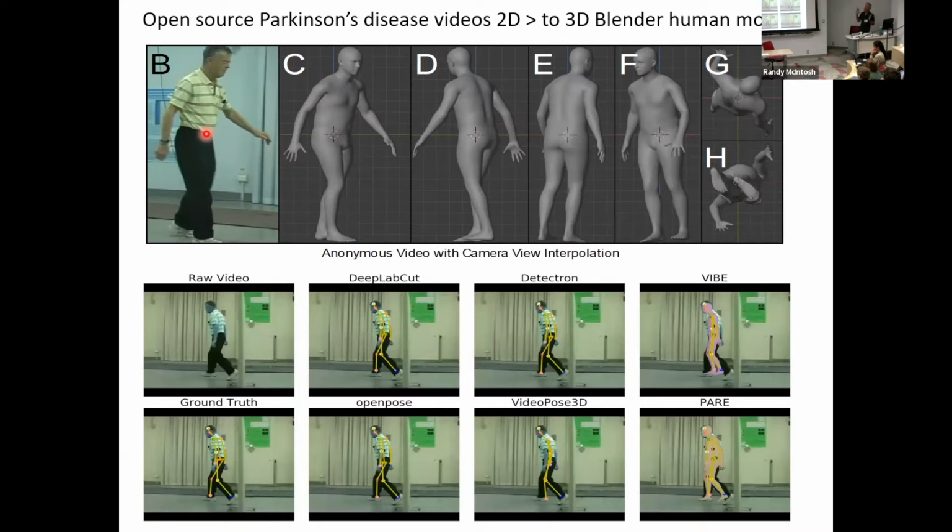I guess that's probably a good thing, but there was this one lonely subject in the Parkinson's literature, and we were able to digitize their form into this synthetic model. We think this may be a way of making this movement data more shareable, because now it becomes anonymized and de-identified in this synthetic format.